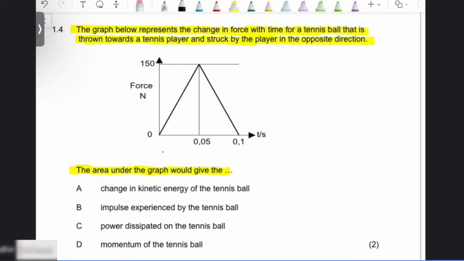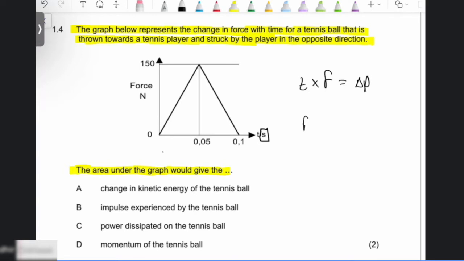So what we have is time, measured in seconds, times force. That's what the area is going to give us. So it's basically time times force, which we would know as impulse.